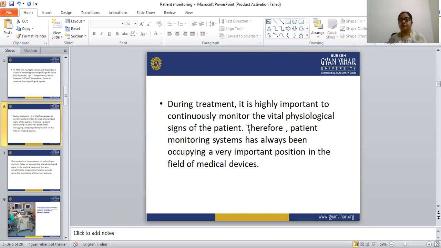Let's talk about some patient monitoring systems. If we are monitoring a heart patient, in that case we can monitor the heart rate and the ECG. So these all are possible with the help of the computer.